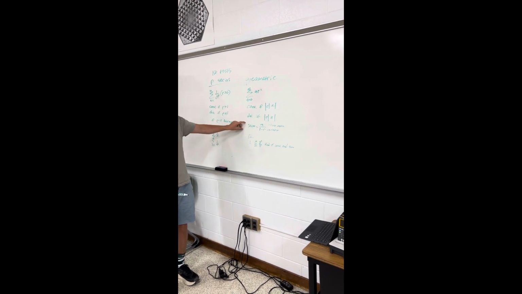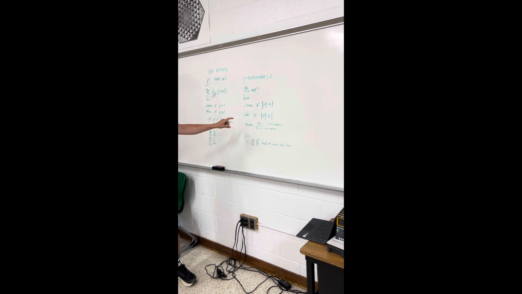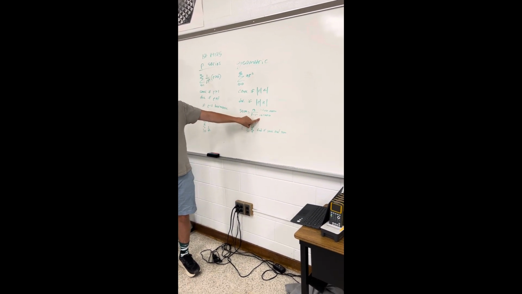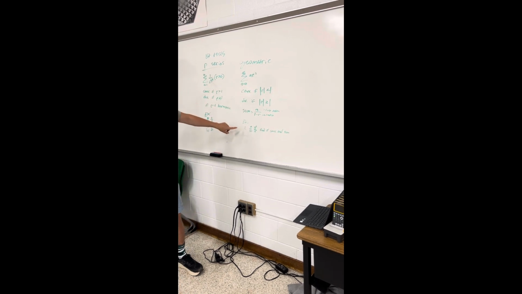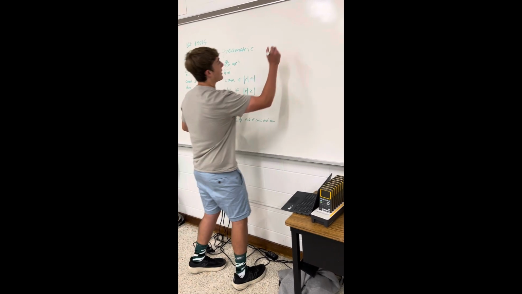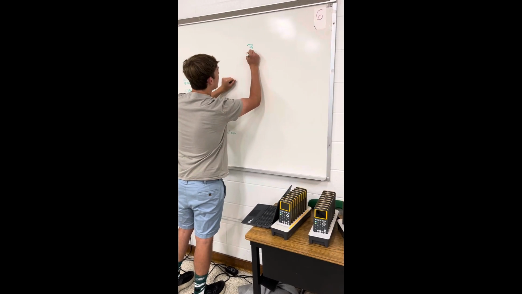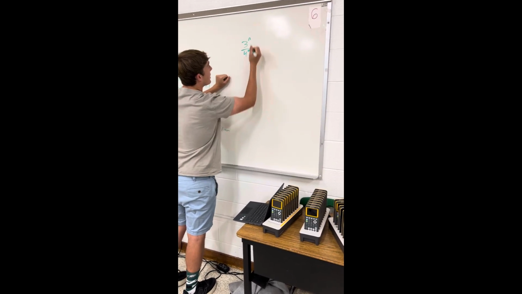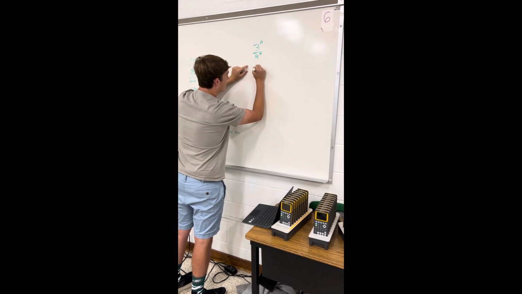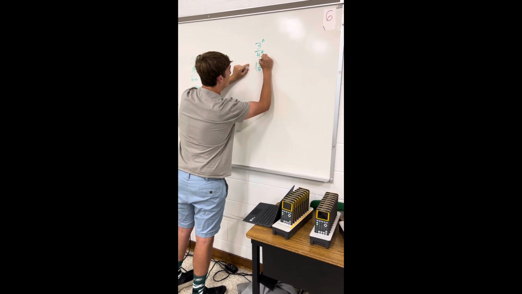And the sum equation is a over 1 minus r, which is the first term over 1 minus the ratio given above. Now, an example of this is 3 to the n over 4 to the n. Let me write it bigger over here. You can see they're both to the n power, so you can pull that out and you get 3/4 to the n.